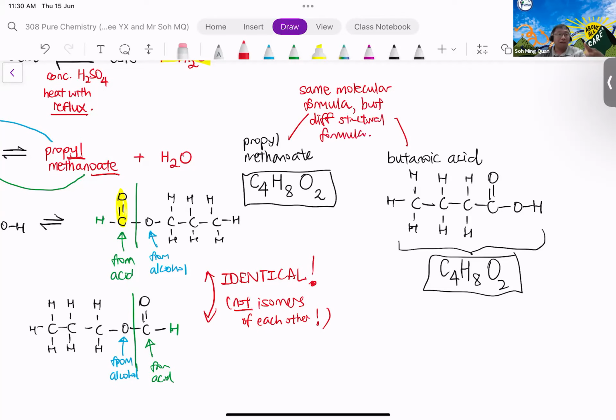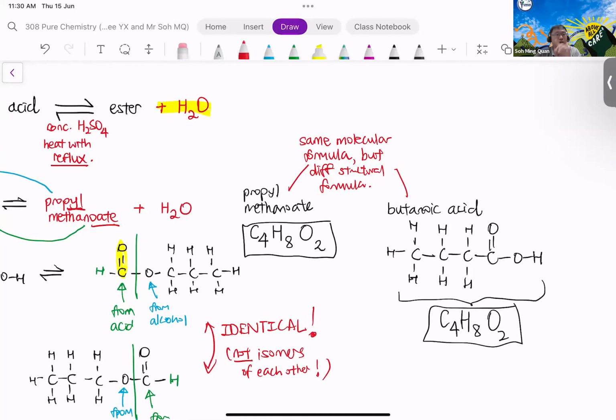Clearly, one has an ester linkage, COO. The other one is not an ester, it's COOH, so that one is a carboxylic acid. So this tells you that propyl methanoate and butanoic acid are isomers.